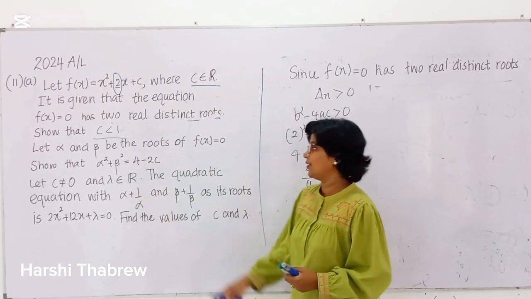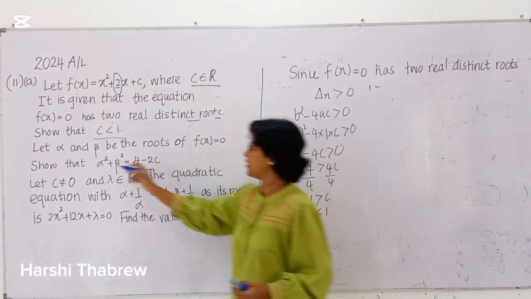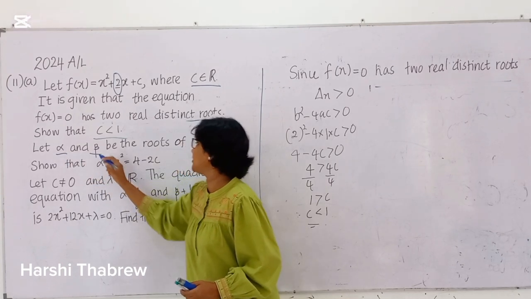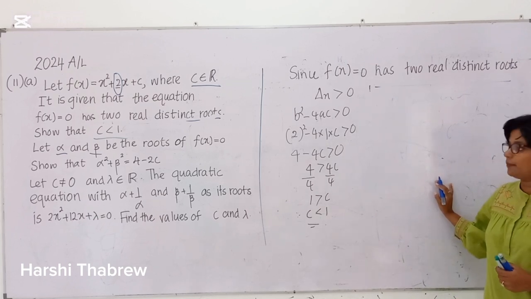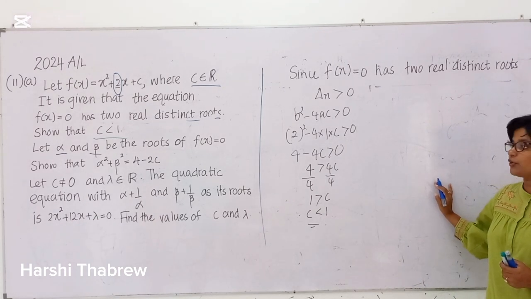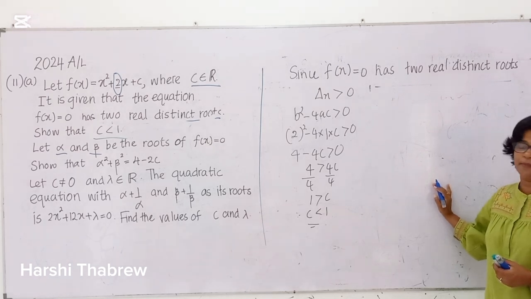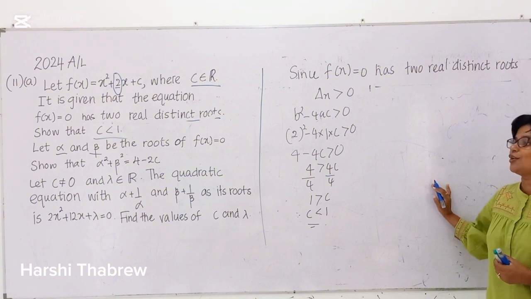In that part, you have another clue here. Let alpha and beta be the roots of f(x) equals 0. Then what do you know about the sum of two roots and the product of two roots of the quadratic equation?